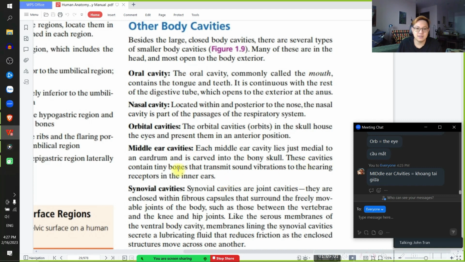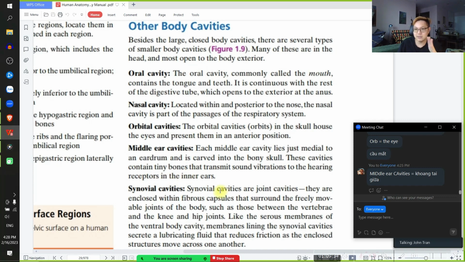Những cái khoang này chứa ba cái xương nhỏ dính liền với cái màng nhĩ, để vận chuyển cái vibration. What is vibration in Vietnamese? Dao động. Nó vận chuyển cái sự dao động âm thanh đến những cơ quan cảm nhận về nghe ở vùng tai trong.